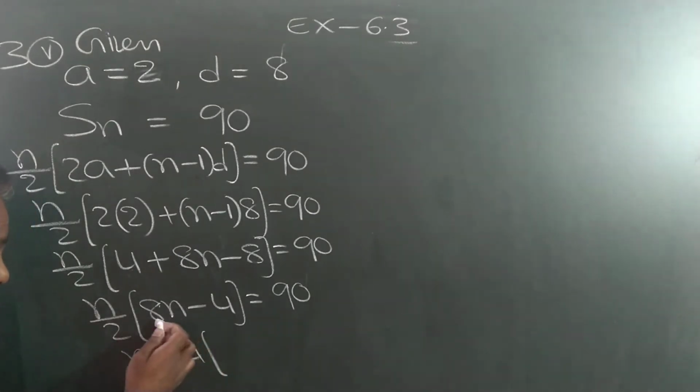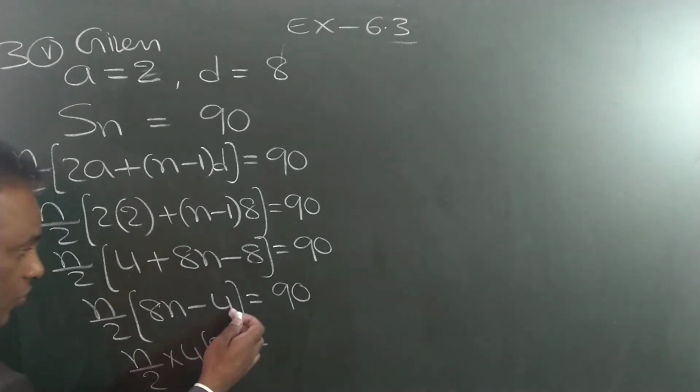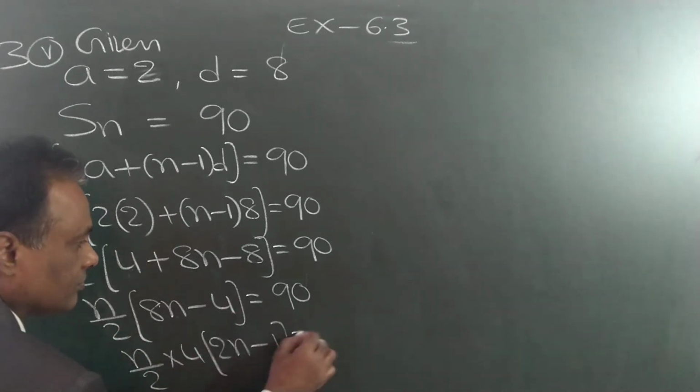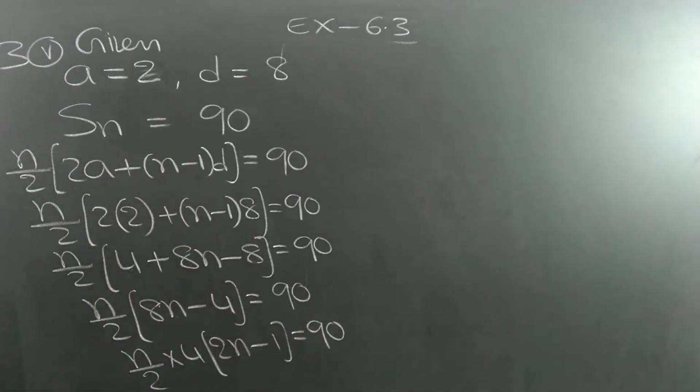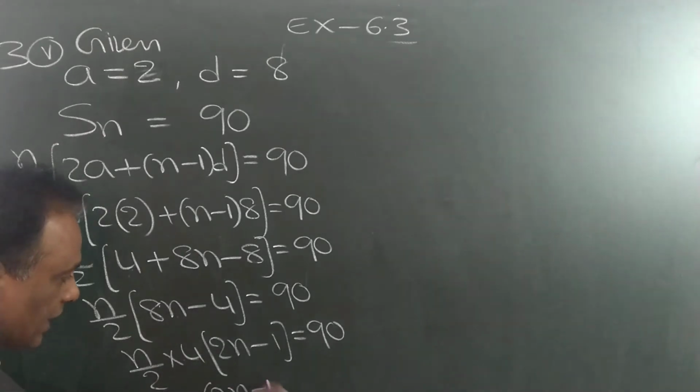This is 2n, and 4 outside means 1. I took 4 common because generally whatever we can take common, we do so that we can simplify. Only simplification. 4 is taken common. 2 2s are cancelled. N into (2n minus 1).